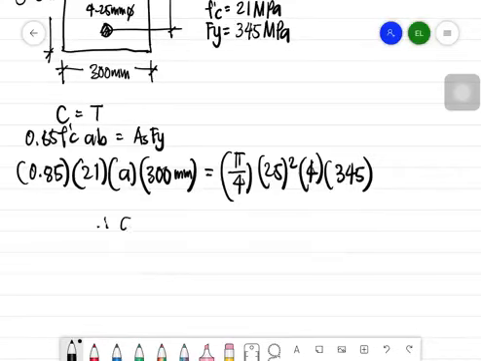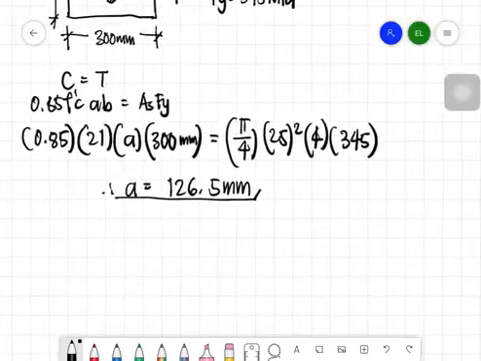Therefore a is equal to 126.5 mm. This is our value of a.